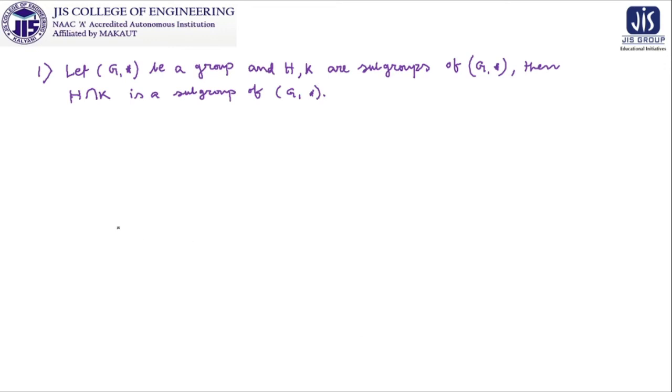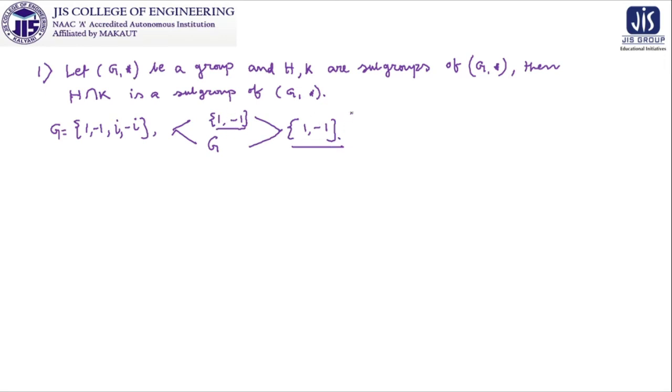Please try to understand the result: if you have H and K, subgroups of the same group, then their intersection will be a subgroup. For obvious reasons, if you take the group {1, minus 1}, it has two subgroups: one is {1, minus 1}, and another one is itself. If you take the intersection of these two, you will get again {1, minus 1}, and you have already proved that this is a subgroup of G star.